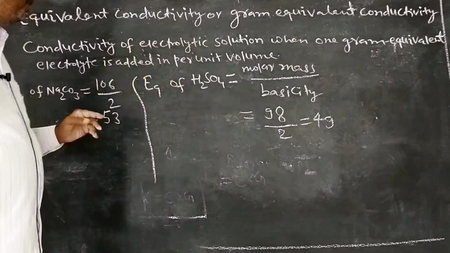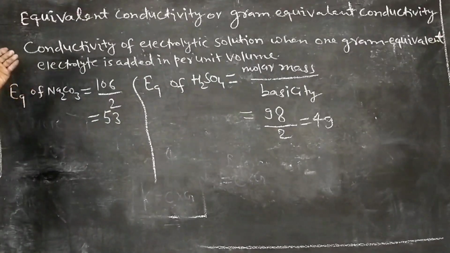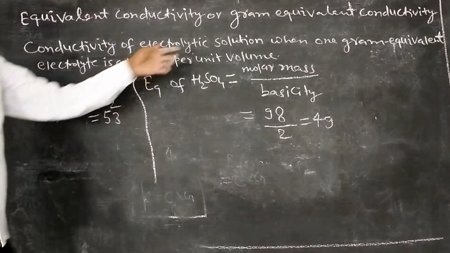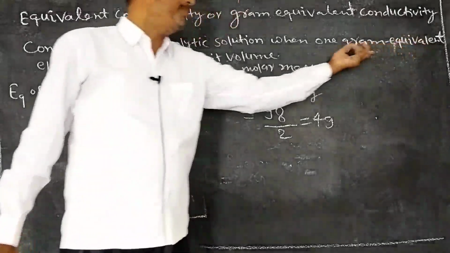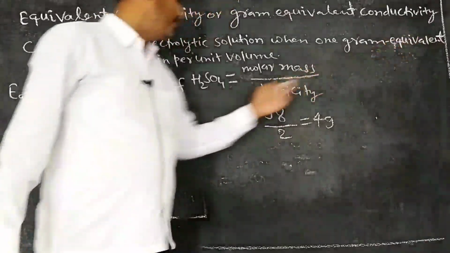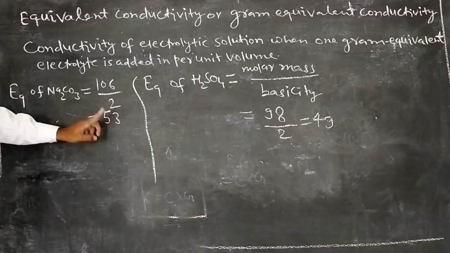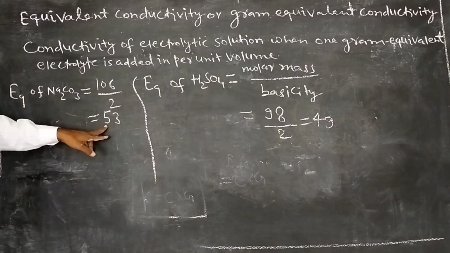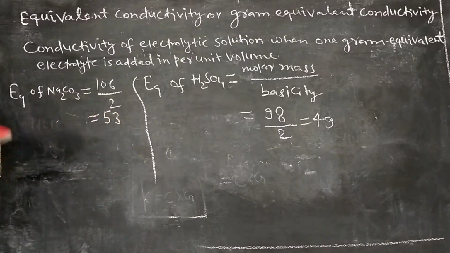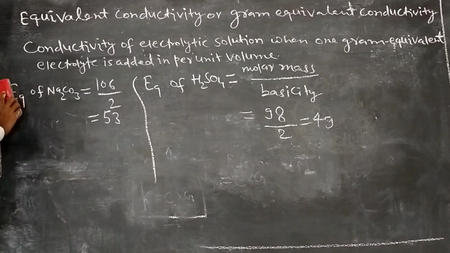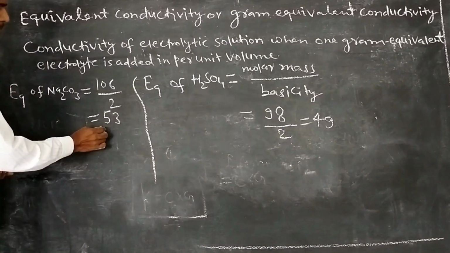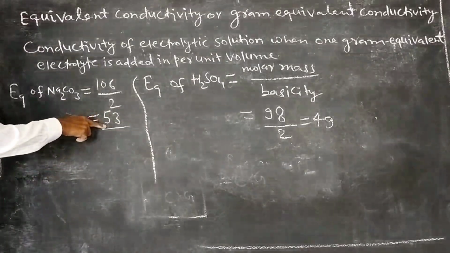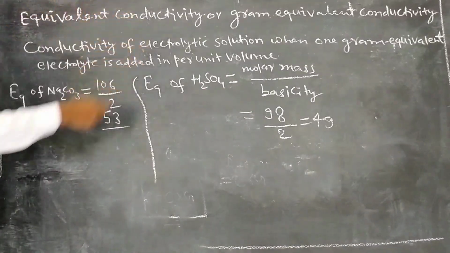For sodium carbonate, for 1 gram equivalent we have to dissolve 53 gram sodium carbonate. When it is multiplied by 2, it means 2 gram equivalent. If multiplied by 3, it means 3 gram equivalent.